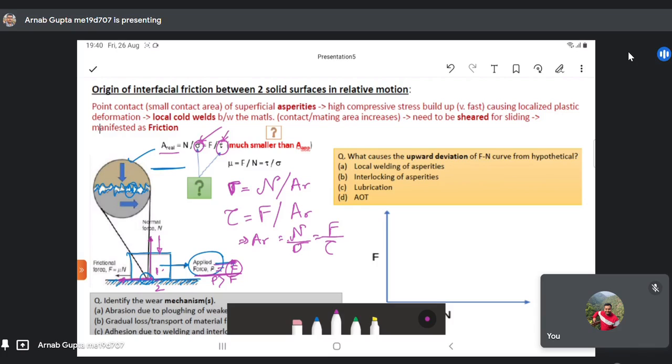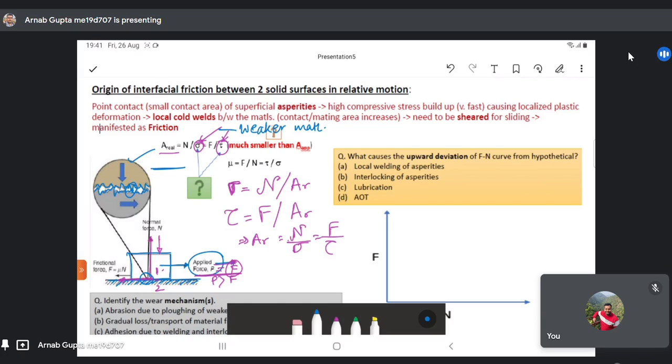Okay, so the answer would be that these properties are for the weaker material. There are two materials in contact with each other, so the body will slide once you are breaking the weldments.